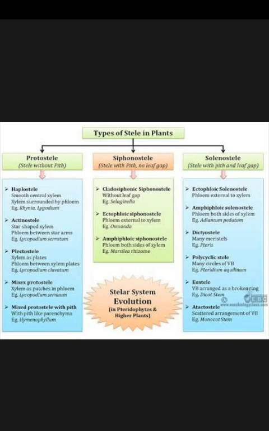As you can see, there are three types of steles on the basis of development. These are protostele, second is siphonostele, and third is solenostele. Protostele is that kind of stele which has no pith, meaning it is a very primitive type of stele, and a slightly advanced version of protostele is siphonostele, where pith is present but leaf gap is not present.